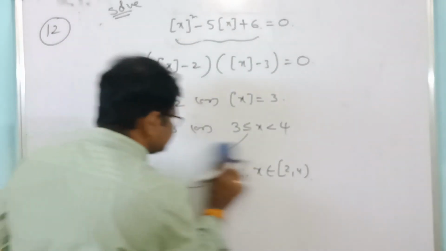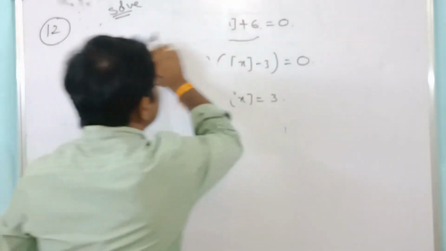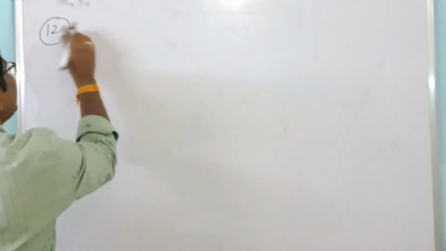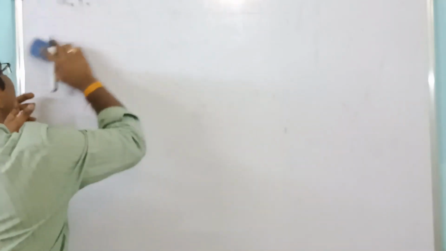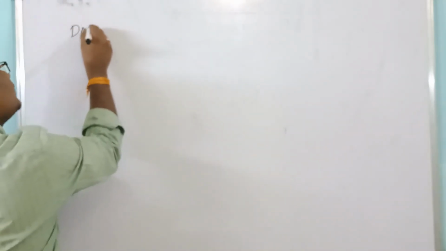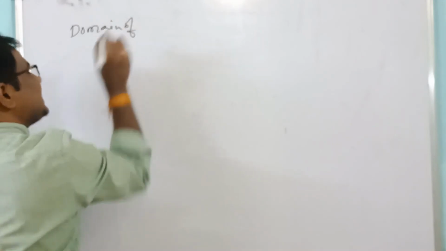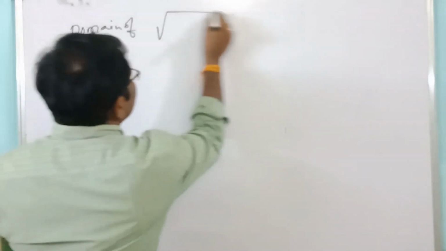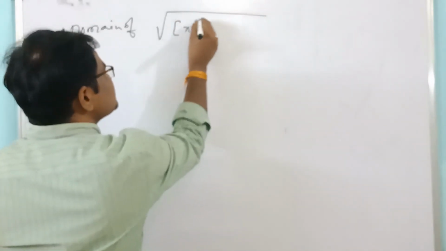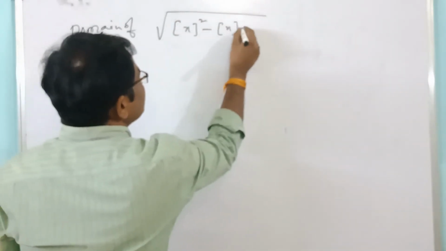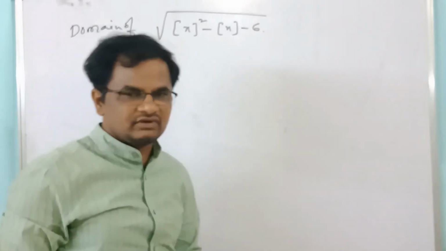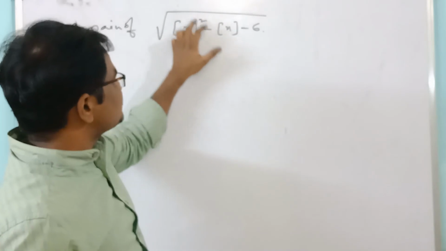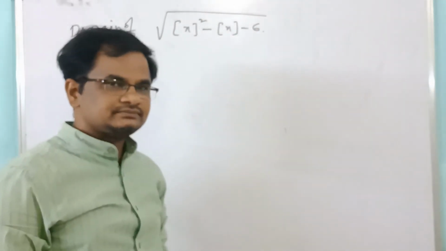Next, take one more example. Suppose you are asked to find the domain of the function, like this. I take one problem: root of [x]^2 - [x] - 6.